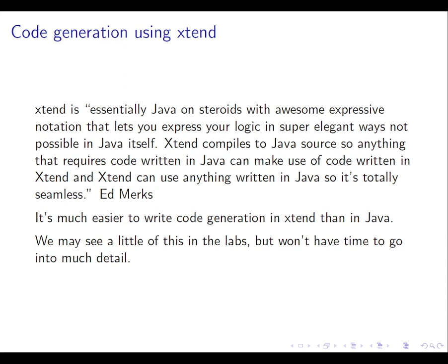So it's got a bunch of handy features like the convenient ways to have multi-line strings, which is, as you can imagine, an extremely useful thing to have when you're trying to do code generation. If you want to have a whole bunch of boilerplate stuff that should get spat out, you don't want to have to construct it with your string builders manually. And nice use of extension methods and what have you. So we may or may not see some of that in the labs, but it's worth knowing a little bit about.